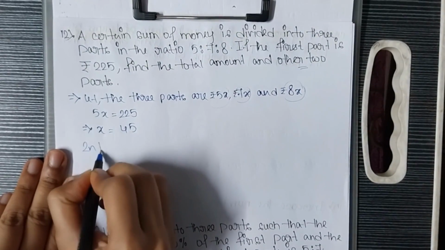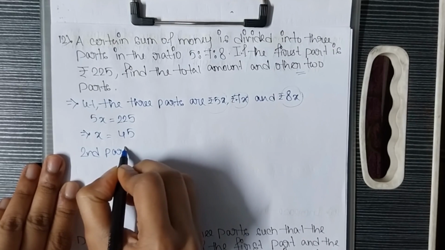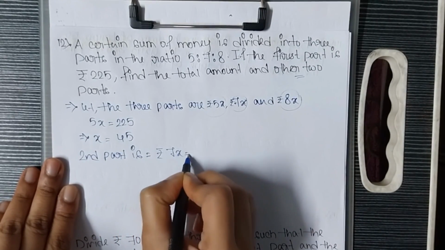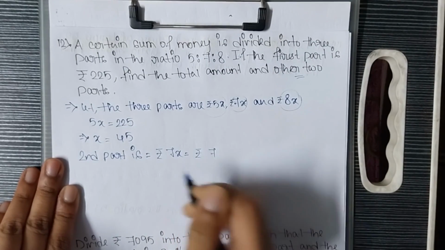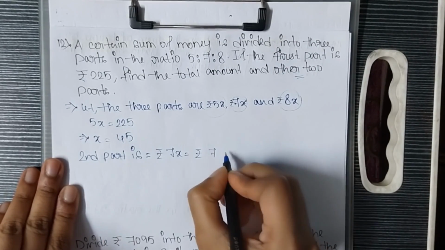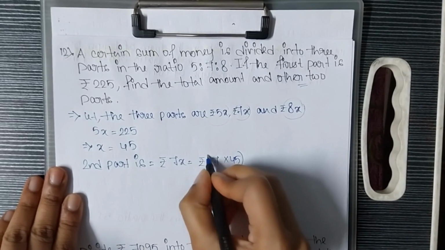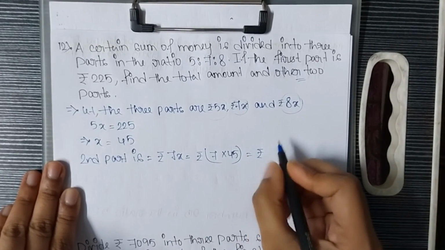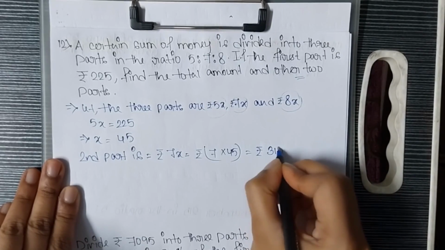So the second part is rupees 7x, that is rupees 7 into 45, and it will be rupees 315.